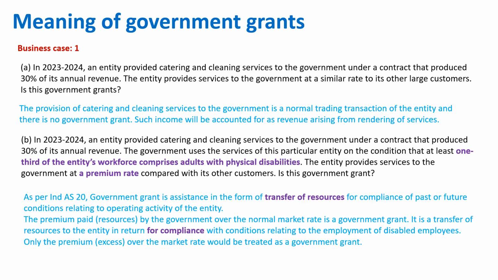Only the premium in excess of the market rate would be treated as government grant, because the normal rate you charge to other customers will be treated as revenue from normal sales, but the extra premium you're getting from the government is equal to government grant because of fulfilling certain conditions.